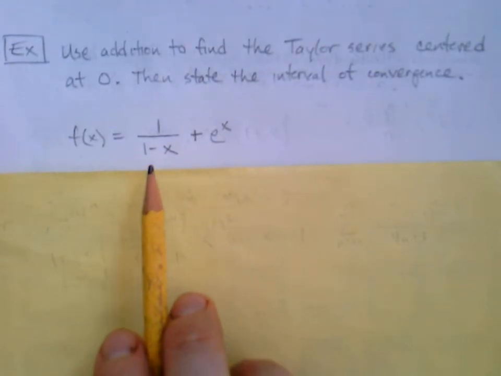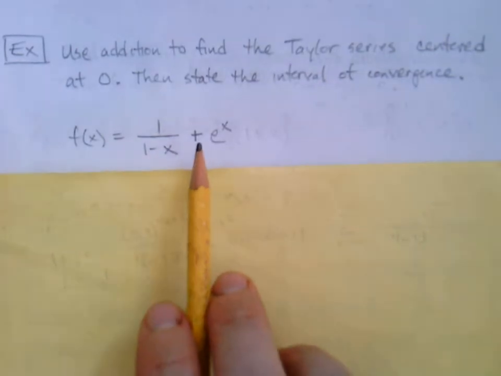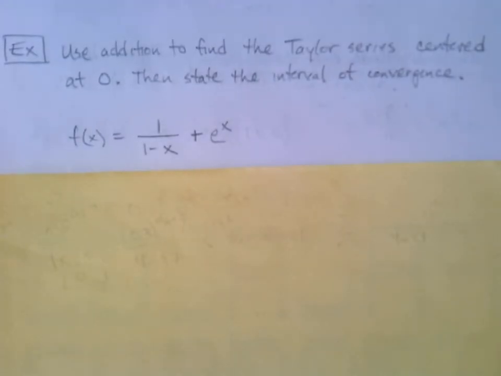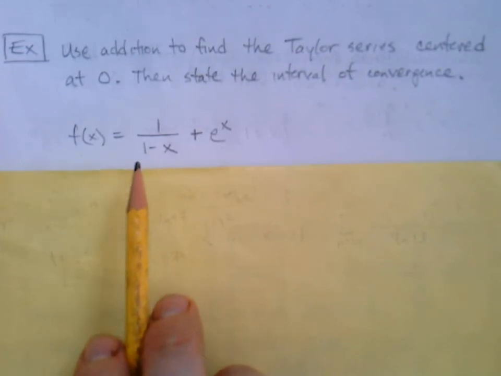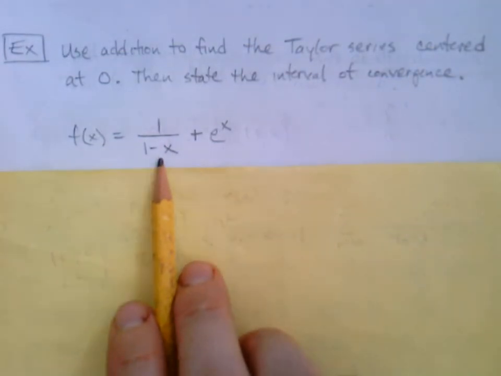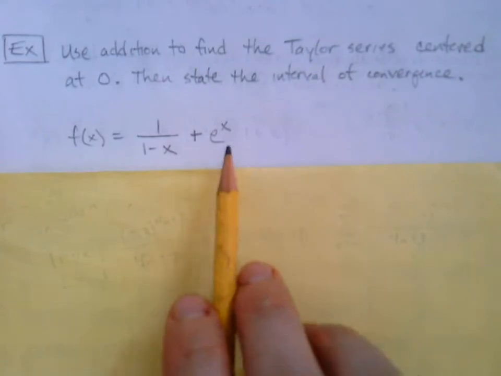We're going to write the Taylor series for this part plus the Taylor series for this part. Then what do we do after that is another story, but let's just start there. So I'm going to use my basic Taylor series table, write this one, put a big set of parentheses around it, plus a big set of parentheses, and write this one.